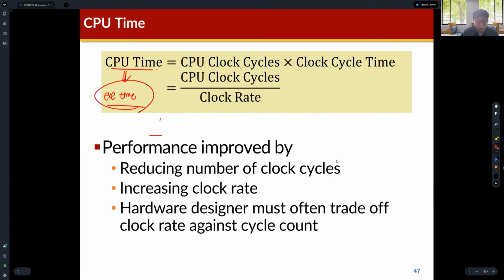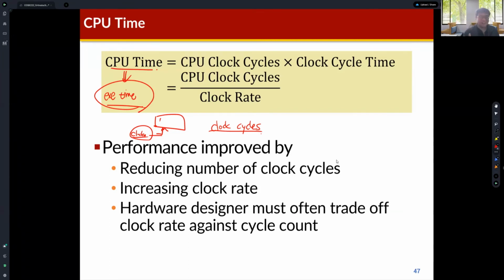We know this CPU is working with clock signals. Then we can count the number of clock cycles during the execution of this application. That means the number of consumed clocks from the start of an application to the end of an application.